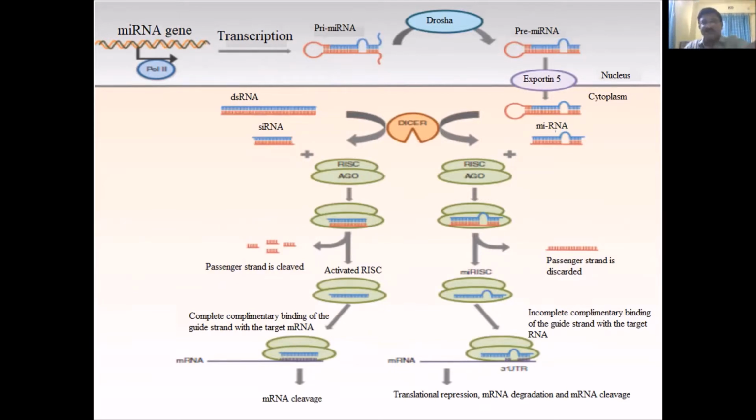But the microRNA, as they do not bind completely with their target mRNAs, can suppress the protein translation from the mRNA, they can modify the mRNA, and they can also cleave the mRNA. So their mechanism of action is also versatile.